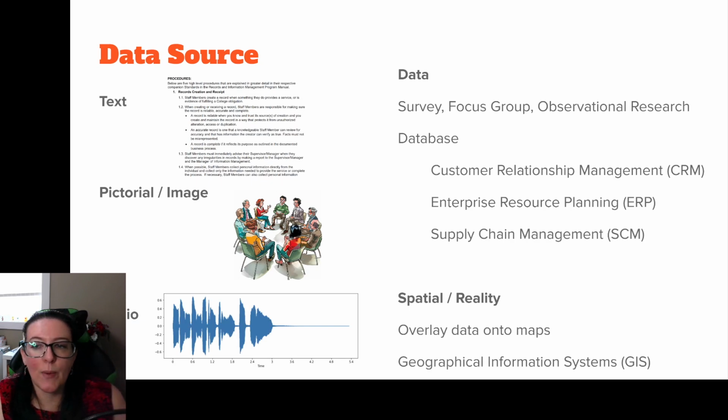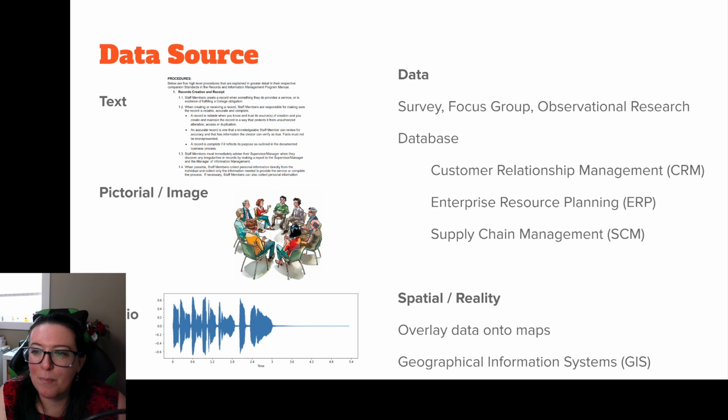So the data we have from surveys, focus groups, observational research, we've talked about that primary data before, but there is a lot more types of data. We can pull data from databases, so we can have secondary data analysis from a database maybe on the customers, who we contact, who contact us, their level of interest.